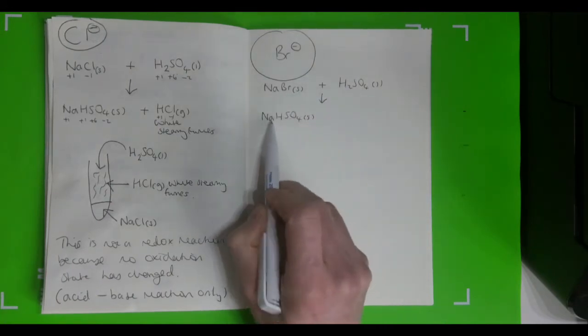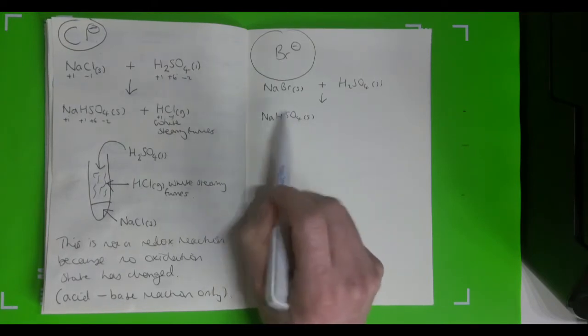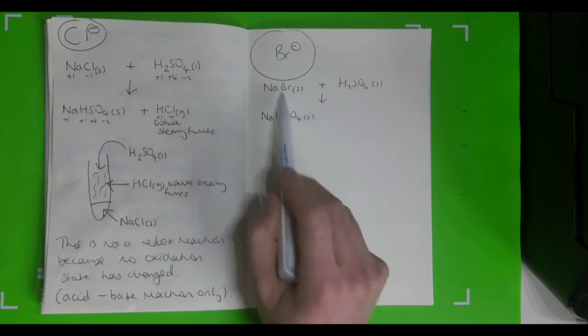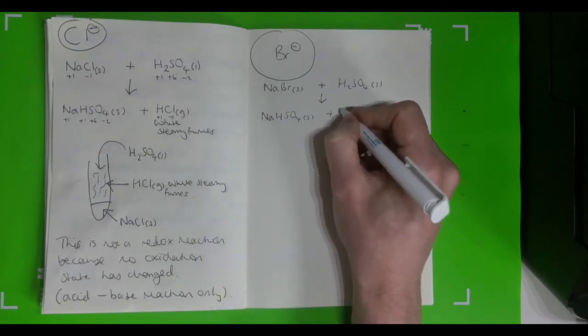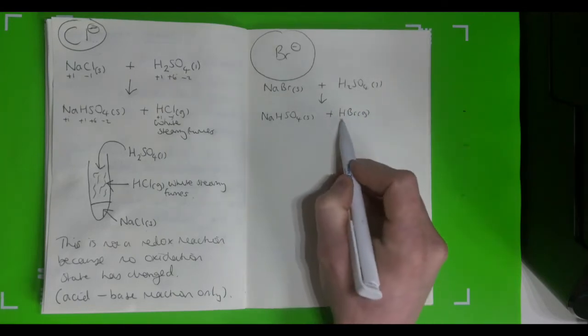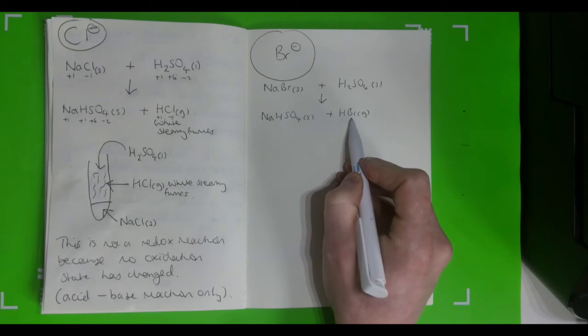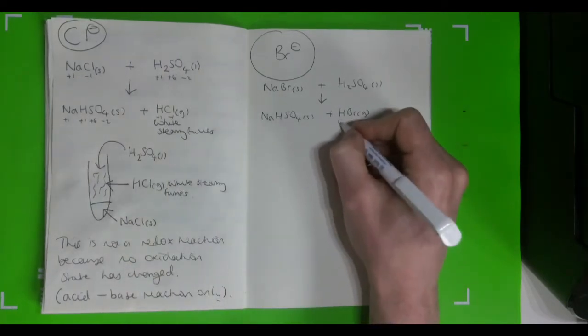We're going to make solid sodium hydrogen sulfate, which is just a white solid, just like this, so I can't really see a visible difference here. And this time I'm going to make hydrogen bromide. Okay, so hydrogen bromide. Again, they're just white steamy fumes.